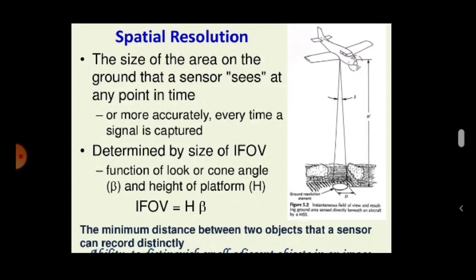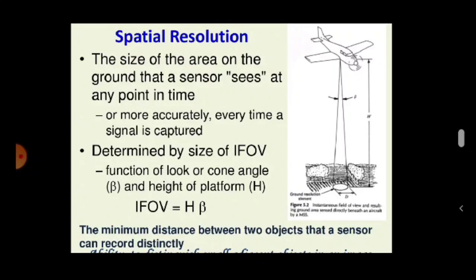This is determined by the size of the IFOV. IFOV stands for instantaneous field of view. It refers to the corresponding field of view at a certain moment. Field of view means the maximum angle of view which the sensor can effectively detect, as electromagnetic energy comes from the surface.